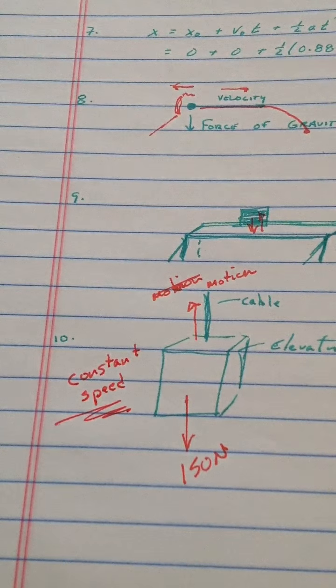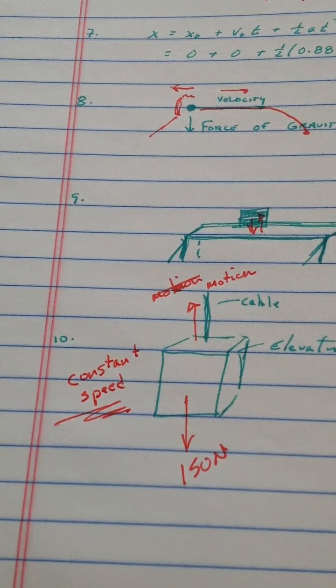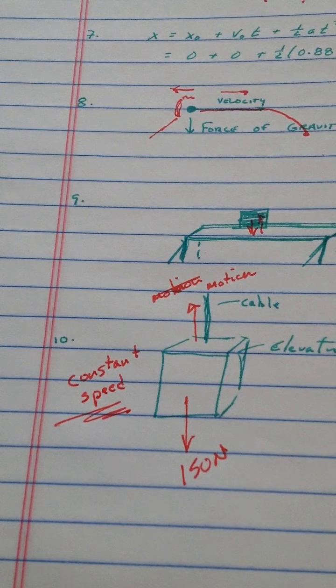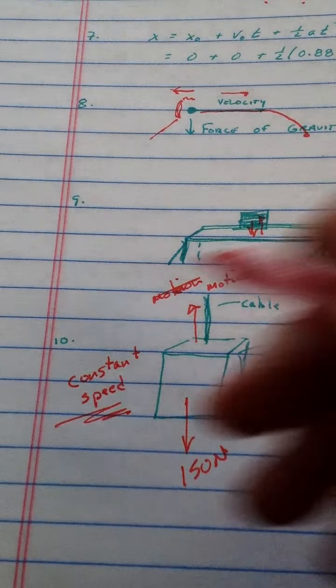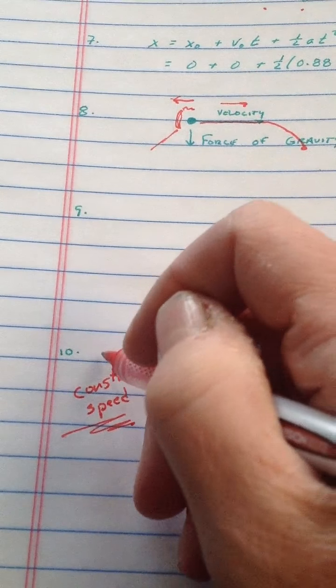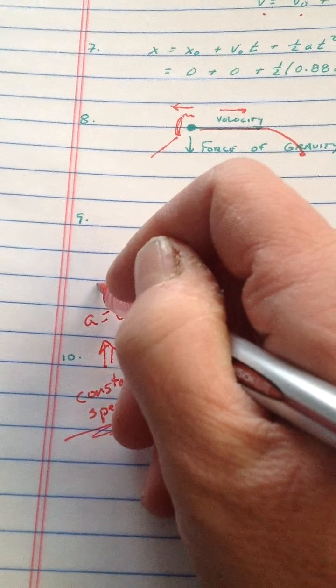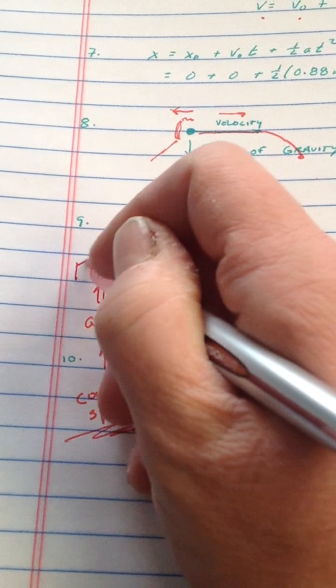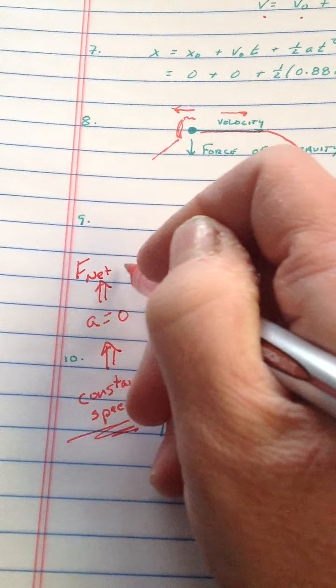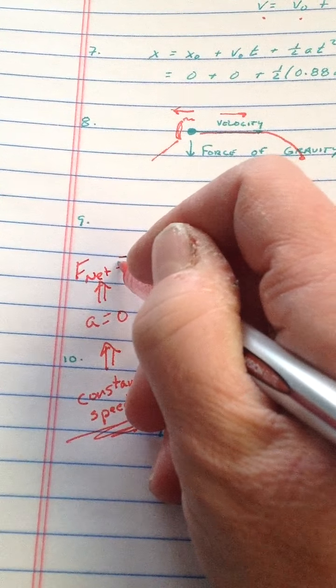I'm underlining constant speed and highlighting this idea. Constant speed, or constant velocity, is other language you might see, because constant speed means no acceleration, which means no net force.